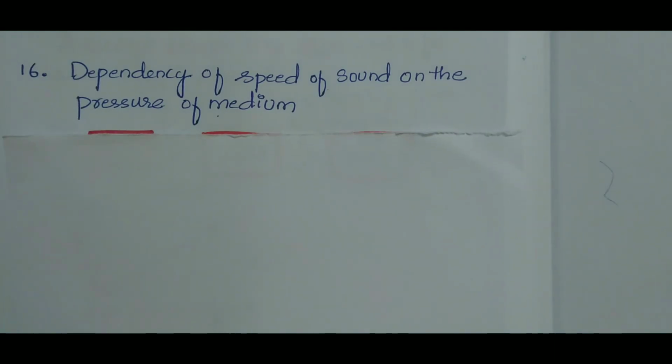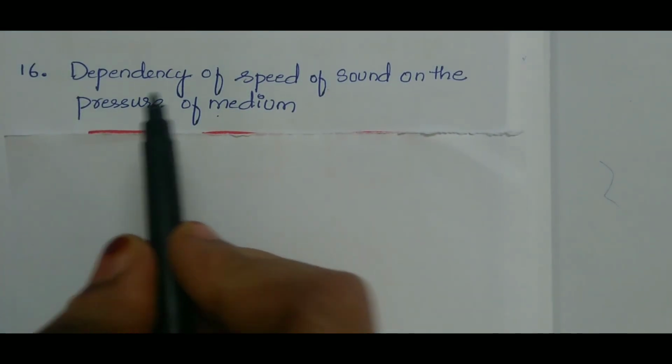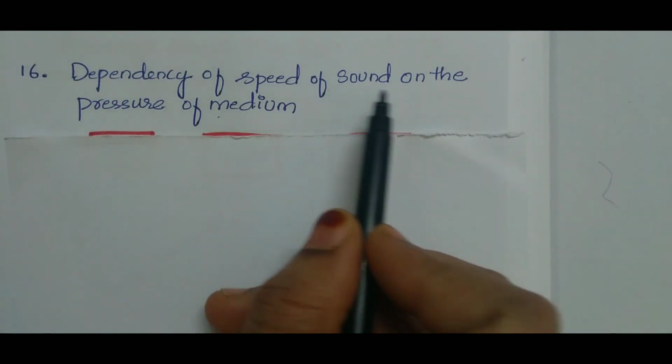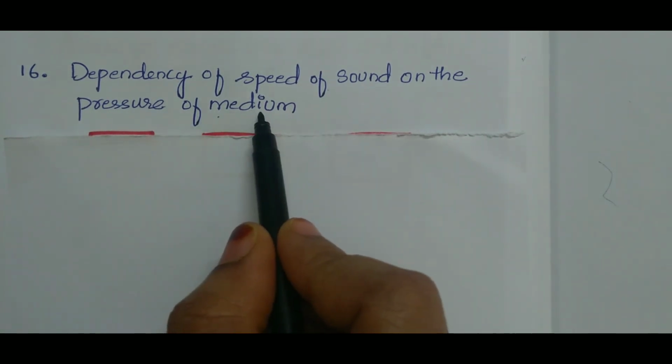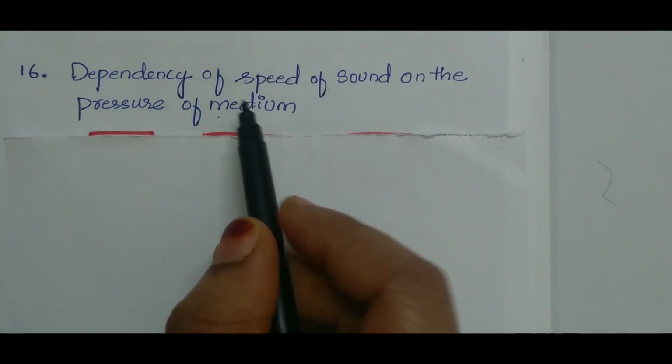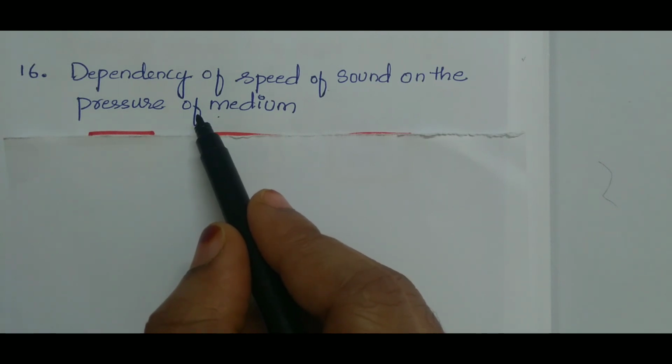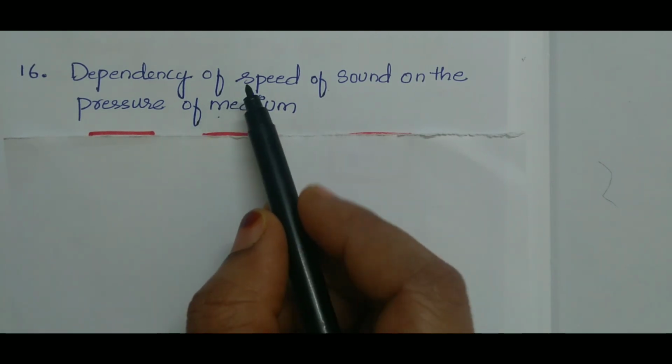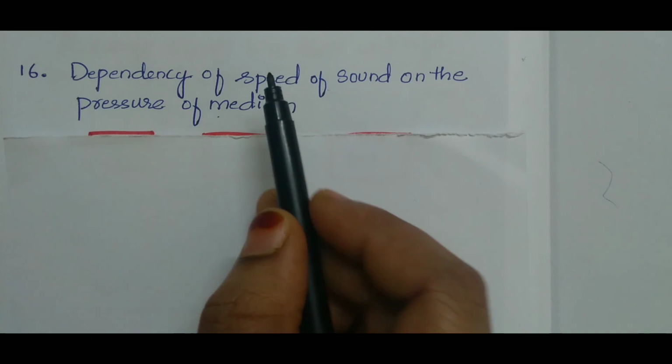We have the 16th question, that is the dependency of speed of sound on the pressure of the medium. What it's asking is, if the pressure of the medium increases or decreases, how does the speed of sound depend on it?